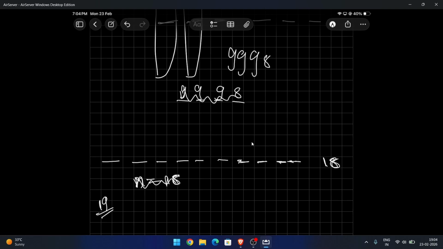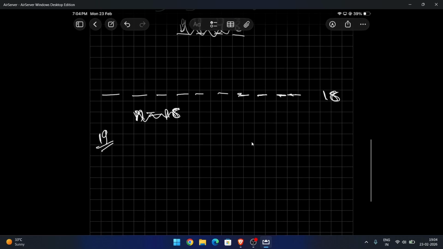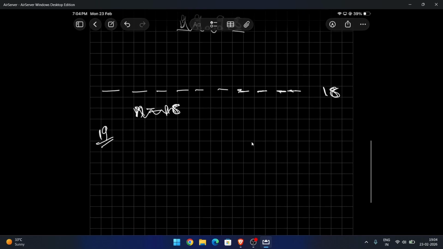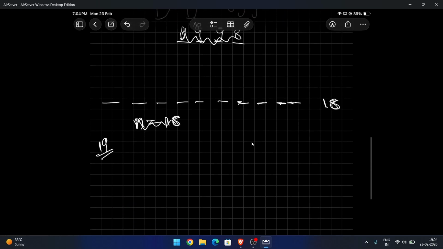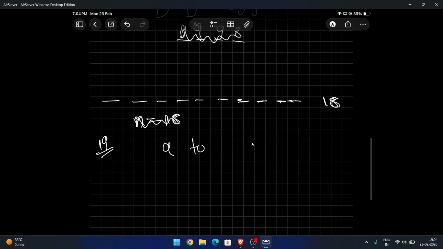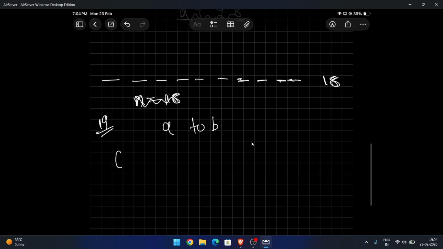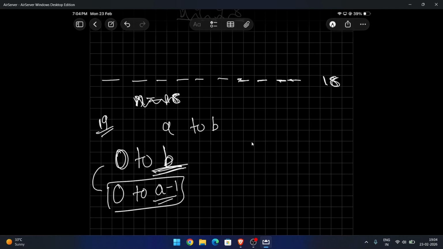Suppose we have a 10 digit number. One more thing, we have to find out A to B. Now it would be easier for me to find out 0 to B because now I only have to look at conditions for B. If I know the answer for 0 to A minus 1, then this problem is the same as this, just the value for B is different.